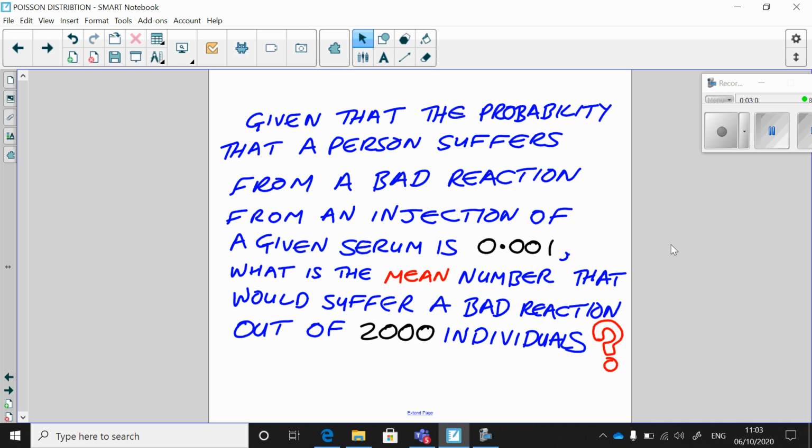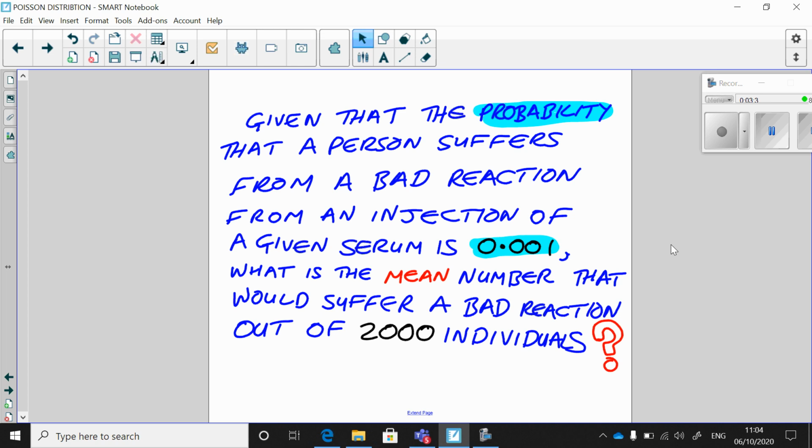So we're going to work out the mean number. We're going to turn it into Poisson. So what's the mean number that people will suffer a bad reaction out of 2,000 individuals? We've got a probability of 0.001, p, and we've got our n, our total, which is presumably large, 2,000. That's binomial. Let's turn it into Poisson.